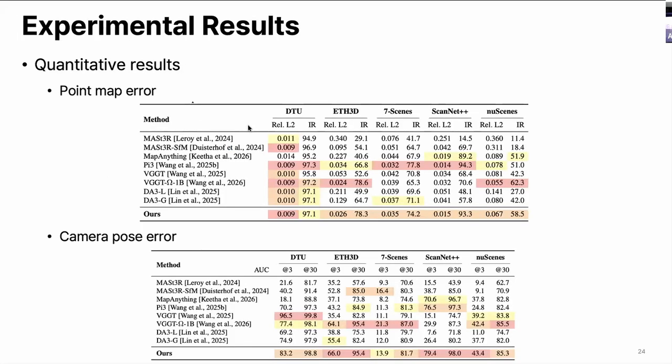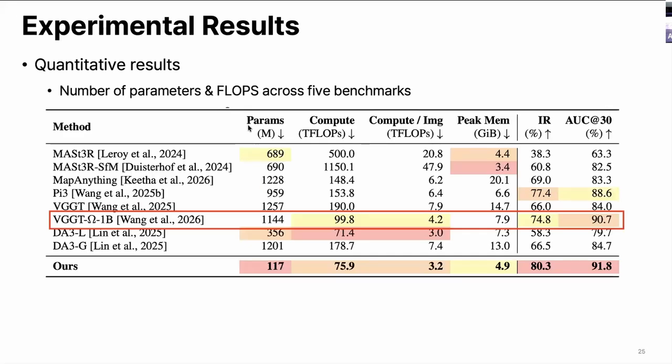And these are quantitative results. On point map and camera pose metrics, Déjà performs strongly across benchmarks. And actually, this table is more important than the previous one. Déjà uses only 117 million parameters.